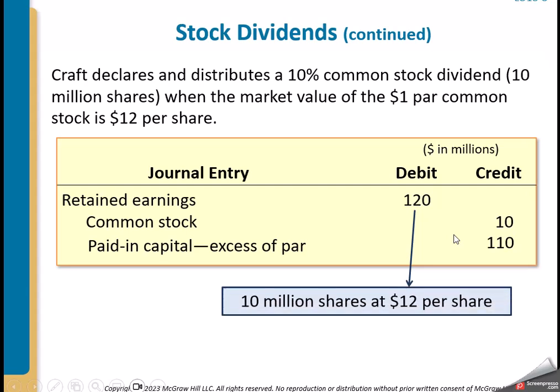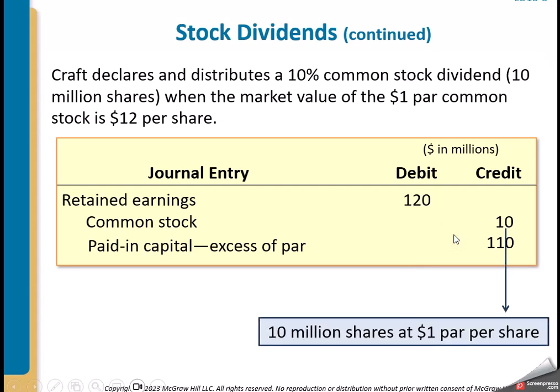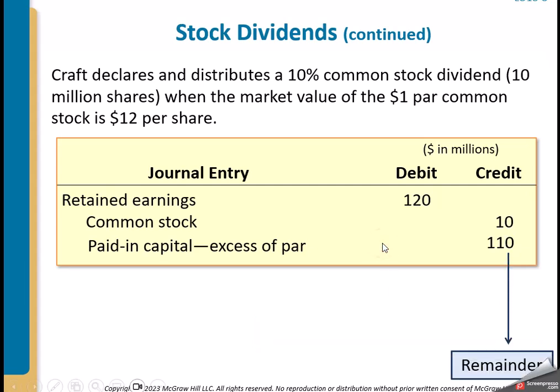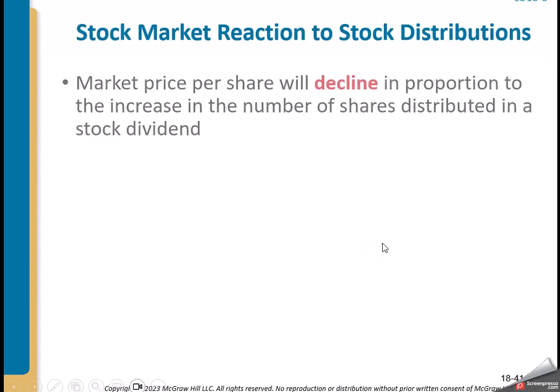Let's see if they show me on there. 10 million shares at $1. Okay, I'm sorry, I'm going back to the top again. I'm reading it wrong. The 10% common stock dividend is not on 10 million shares. It is 10 million shares. So that's where that 10's coming from. And then the remainder goes to paid in capital.